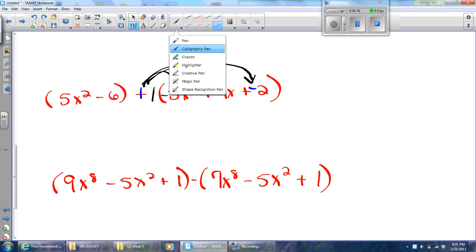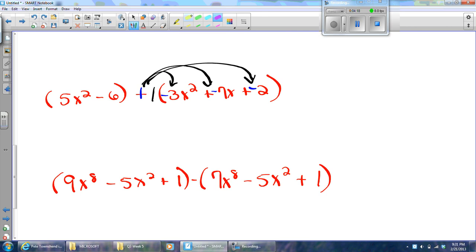And so now I'm ready. 5x squared minus 3x squared. Negative 7x. Minus 6 minus 2.